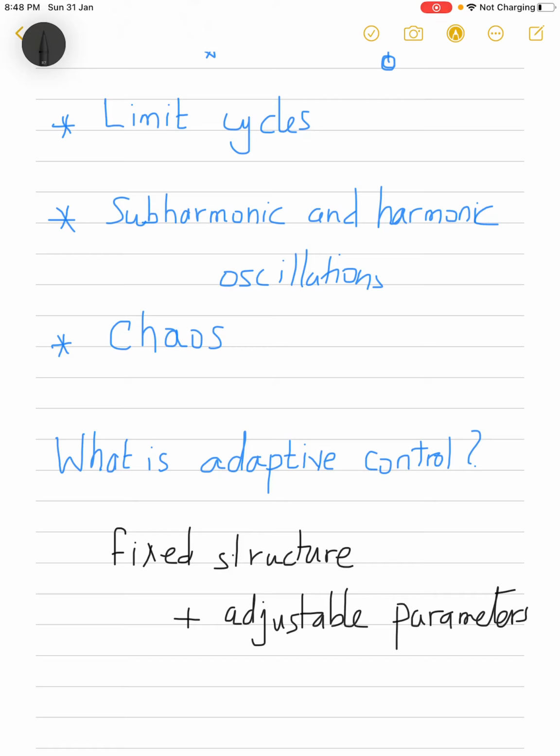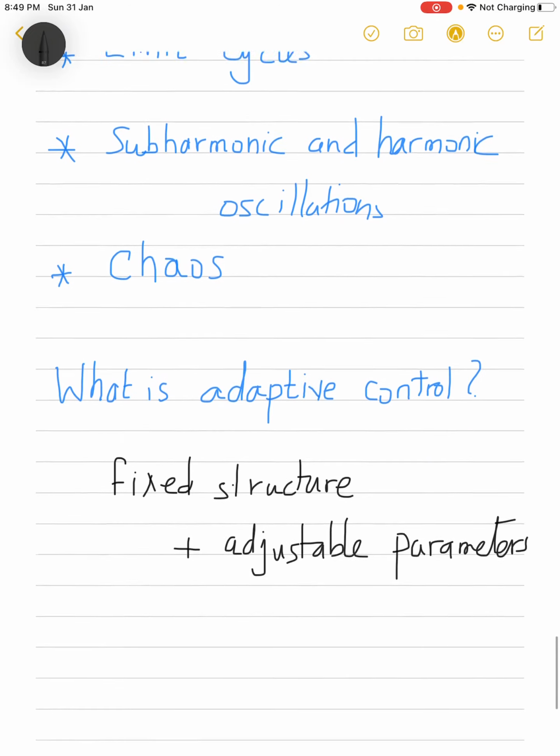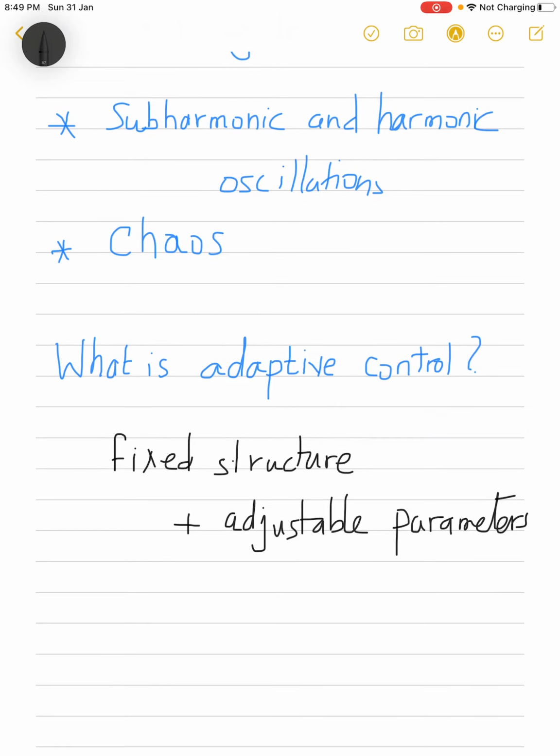Or another case where we use a simplified model, so we ignore some of the dynamics, so we call that the unstructured uncertainties, because some of the dynamics are not shown in the models that we are using for design. So in these cases, adaptive control could be beneficial and used.